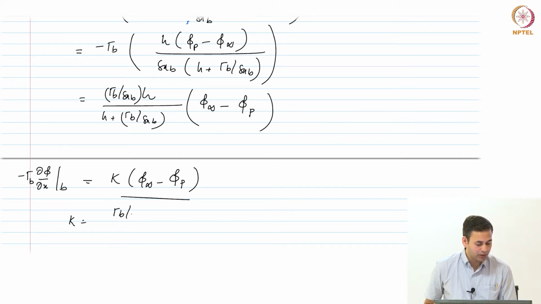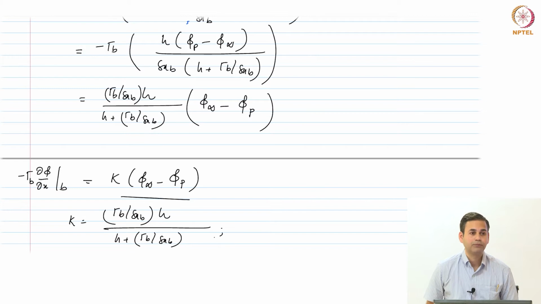K is your gamma b by delta x b times h upon h plus gamma b by delta x b, right? That's what we have. Now what do we have to do? We have to basically substitute for this expression back in the discretized flux equations, right, and substitute for the other values on the east, north and the south, and then collect the terms, right? That's all we have to do.